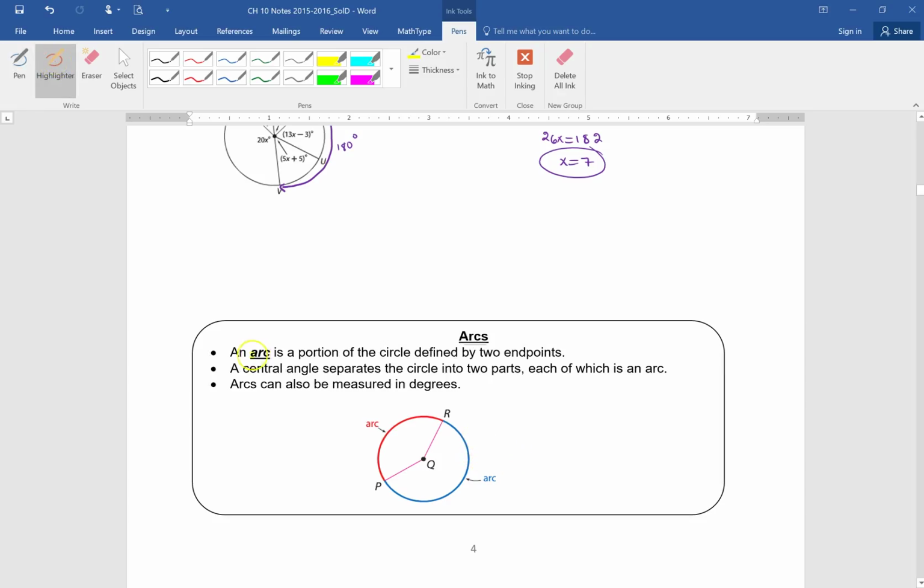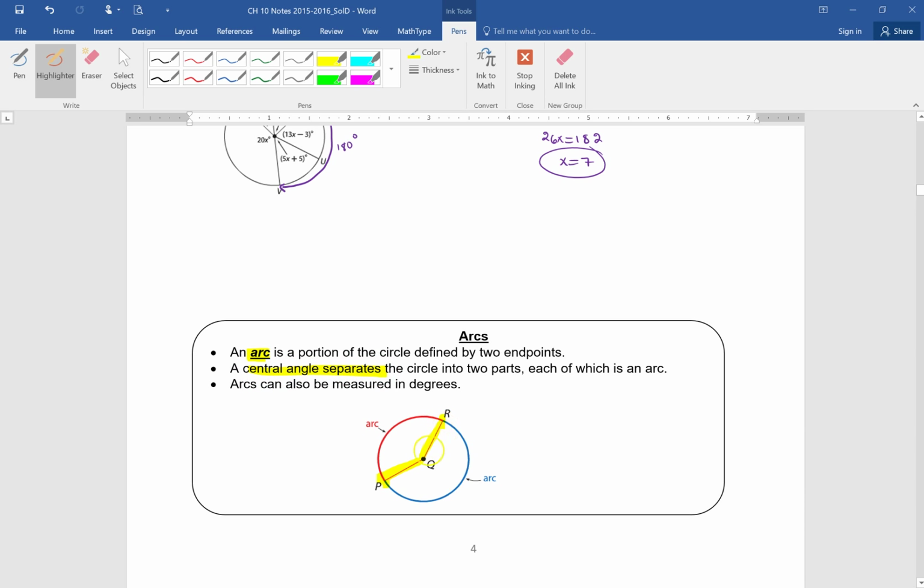So an arc is a portion of the circle and it's got 2 endpoints. So if you put 2 points on a circle, the portion of the circle that joins those 2 points is an arc.